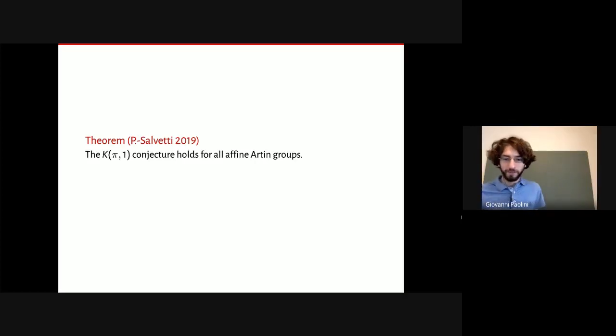Okay, so this kind of ends the introductory part. Could be a good moment to ask questions if you have. And otherwise, I'm going to give you an overview of the techniques which can be used to solve this problem. And especially, I will start talking about the case of spherical Artin groups, because that is a basic case which we should understand first.